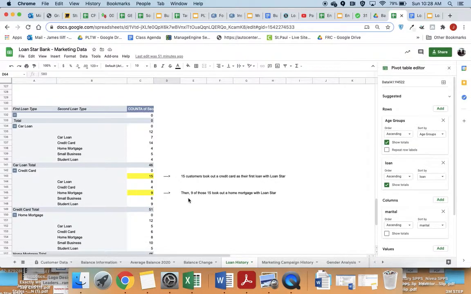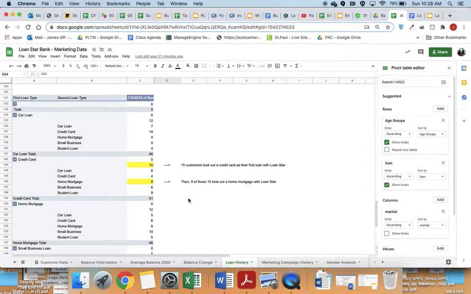This is one I want to highlight here. This could be an important one for you. Notice this one. First loan, second loan. So this one says, hey, people who first took out a car loan, what loan did they take out as their second loan? So these are people who have taken out two loans with the bank.